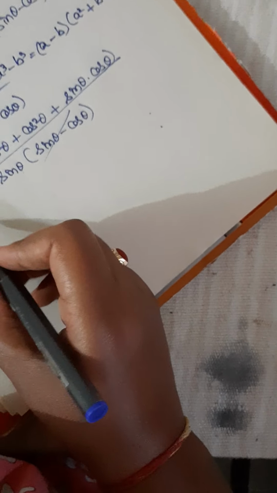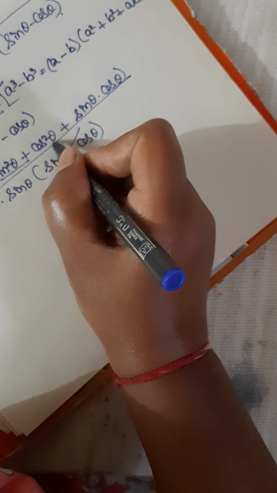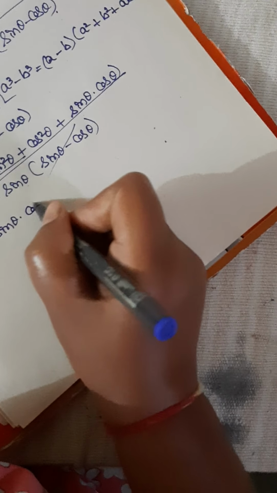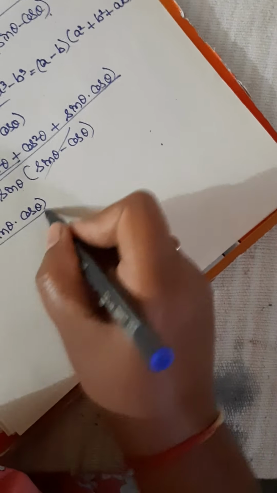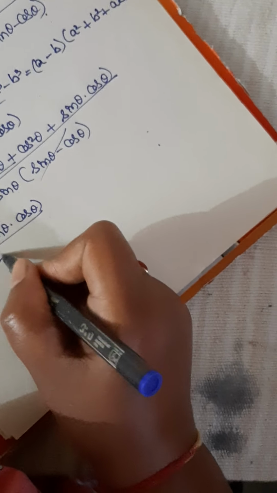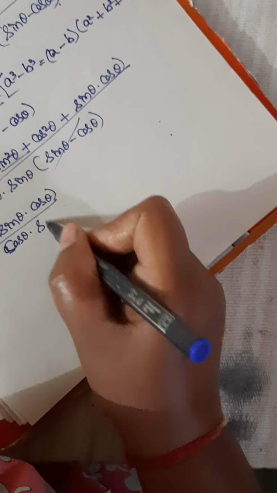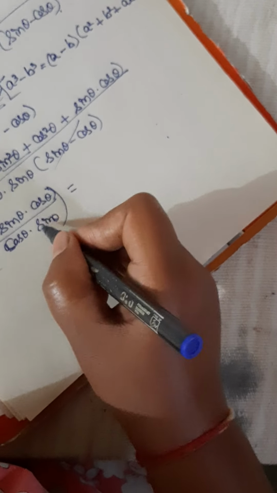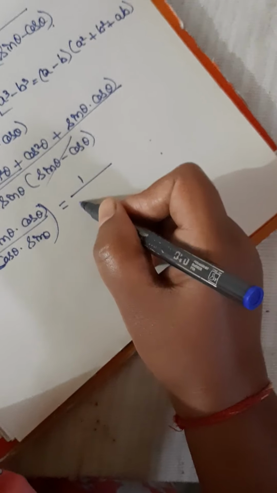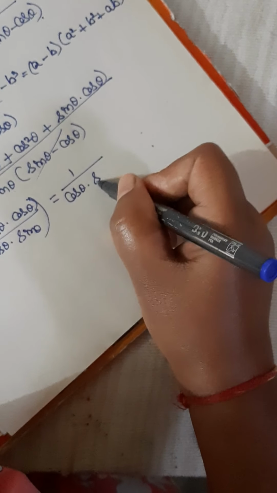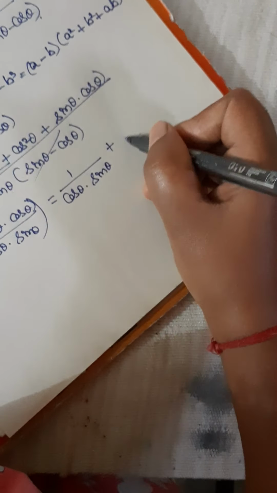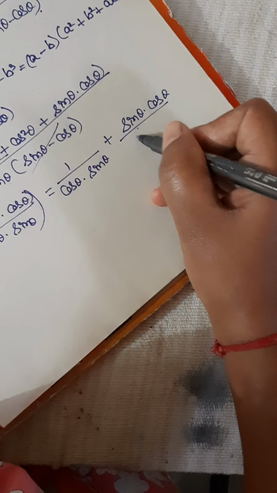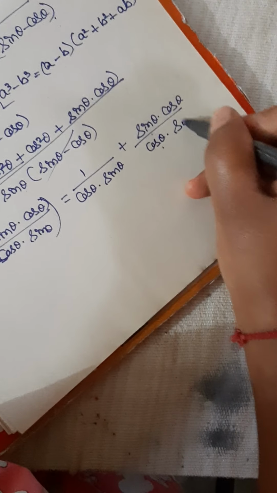Now here we are left with sin square plus cos square theta equal to 1. So (1 plus sin theta into cos theta) divided by cos theta into sin theta. Hold the bracket. This thing we can write as 1 by cos theta into sin theta plus sin theta into cos theta divided by cos theta into sin theta.